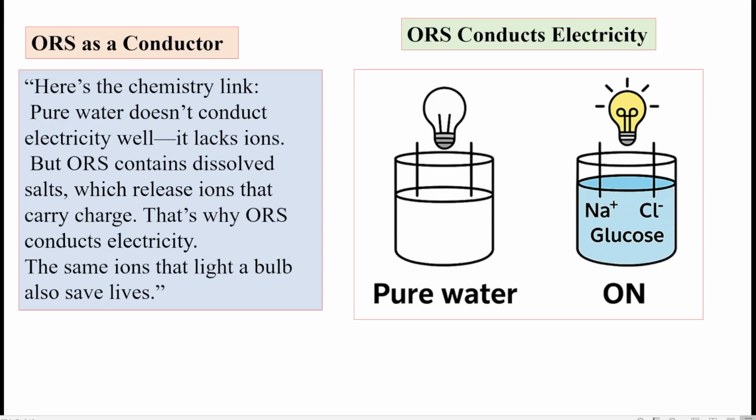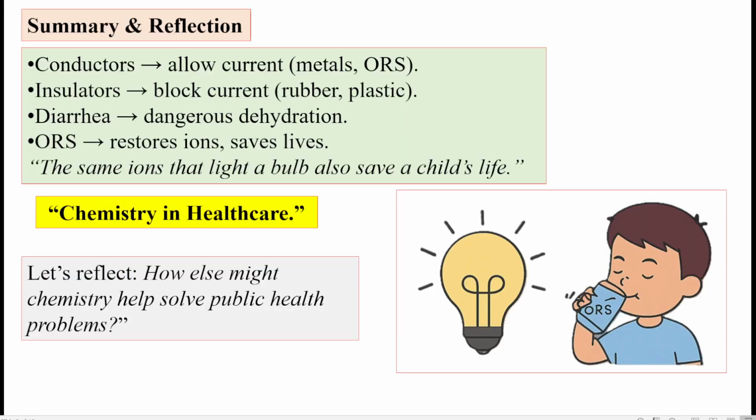Whereas in the case of ORS, which contains electrolytes that allow the electricity to flow, the bulb lights up. This indicates that ORS is also a conductor.